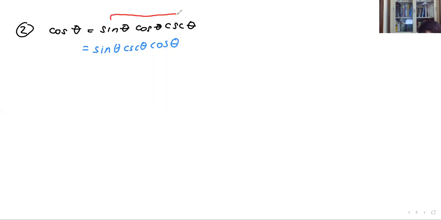Actually, as we've seen, sine theta and cosecant theta are reciprocals, so we can just say this equals 1. So cosine theta equals cosine theta times 1.